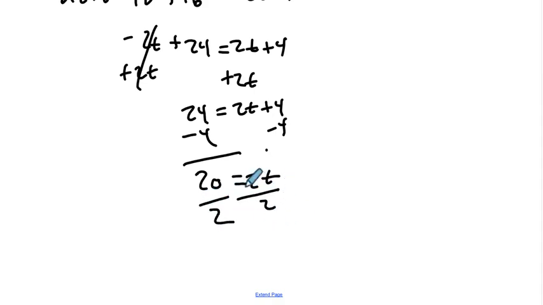Divide by 2 on both sides, and I get t equals, let's see, what did I do here? Hold on. This is my mistake right there. It should have been a 4t, right? 2t plus 2t is 4t. So let me make that correction. Okay, there we go. So that means this will be a 4t. 4t divided by 4 on both sides, so t equals 5.